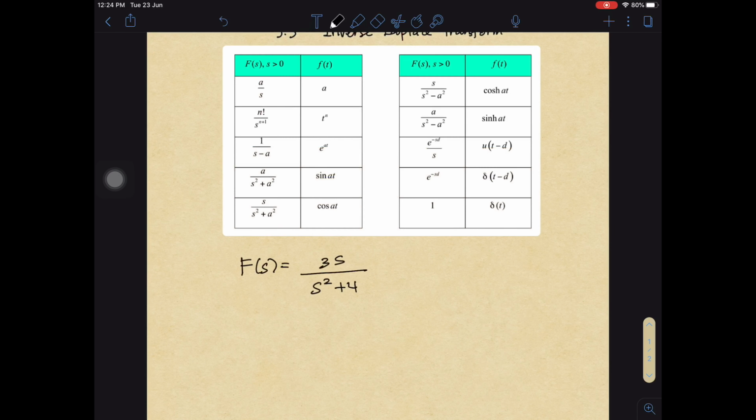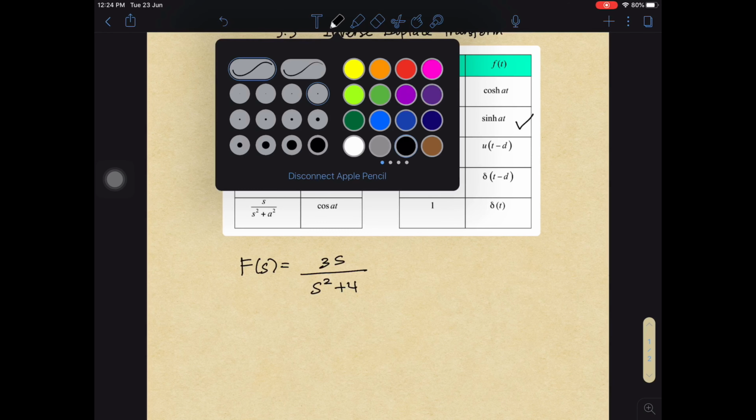When the function F(s) has a denominator of s squared with a constant, either a positive constant or a negative constant, and the numerator is a constant, it's related to the function sine at and also sine hyperbolic at. But now, if you can see, we have the same form of denominator, but in the numerator you have s.